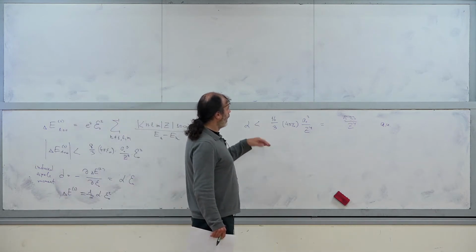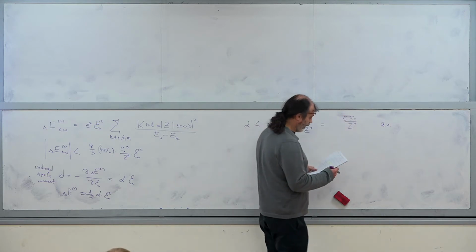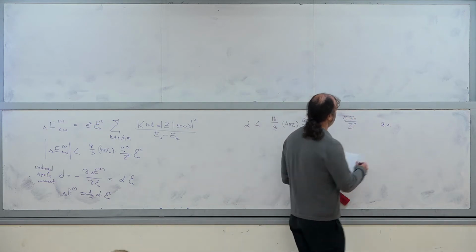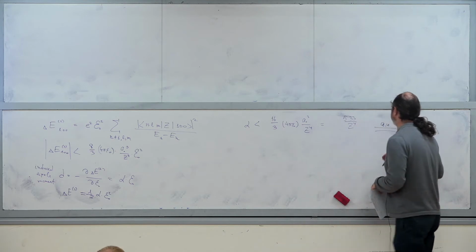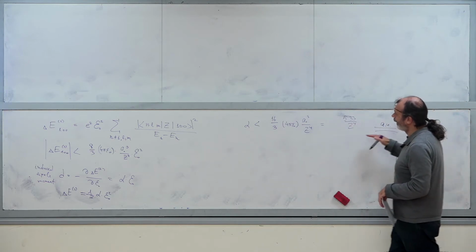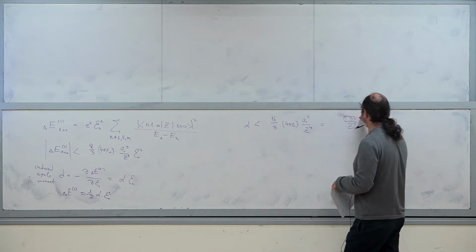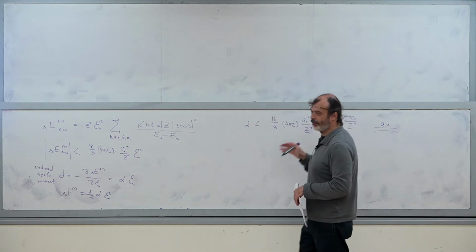This is the value in atomic units, and I emphasize that this is in atomic units. This alpha should be less than 5.33 divided by Z to the fourth power.